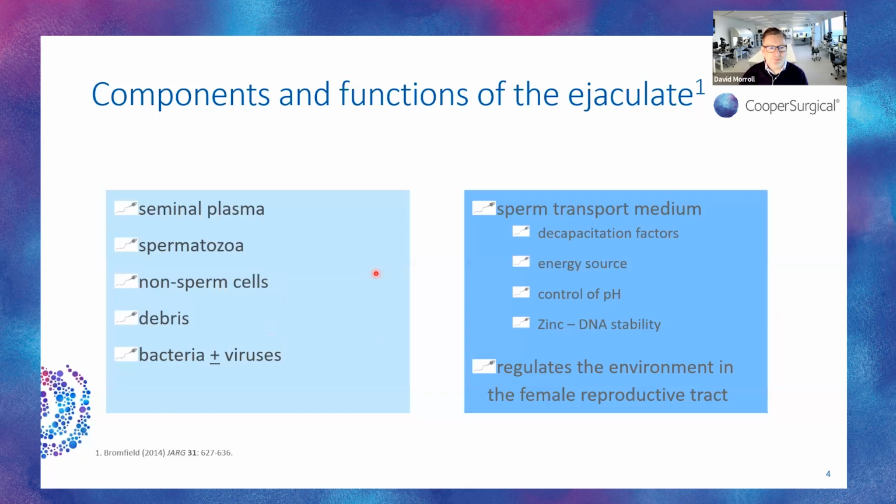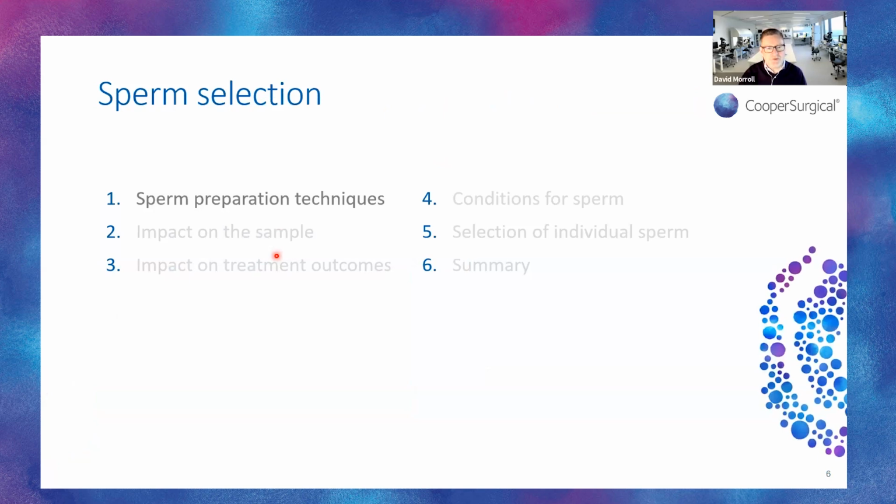Of course, it's primarily designed as a sperm transport medium, getting the sperm from the man to the female genital tract. What we want to do during treatment is actually get rid of all of the other bits and isolate these mature, motile, functional spermatozoa. We do that through a range of sperm preparation techniques.